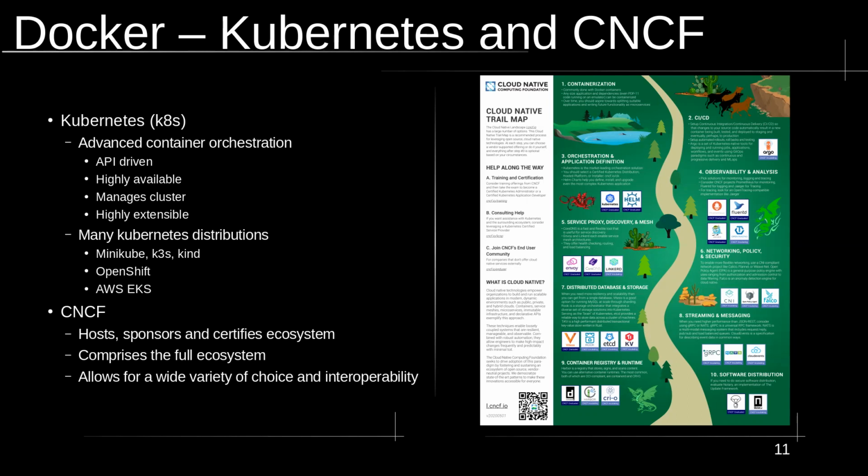Orchestration and application definition. This is the Kubernetes YAML files that I was referring to. There are higher level structures above those Kubernetes YAML files, like Helm and OpenShift's operators and things like that, that do even more to define exactly how this application is supposed to run, how to keep it exactly the way the original developer intended it to run, and so on.